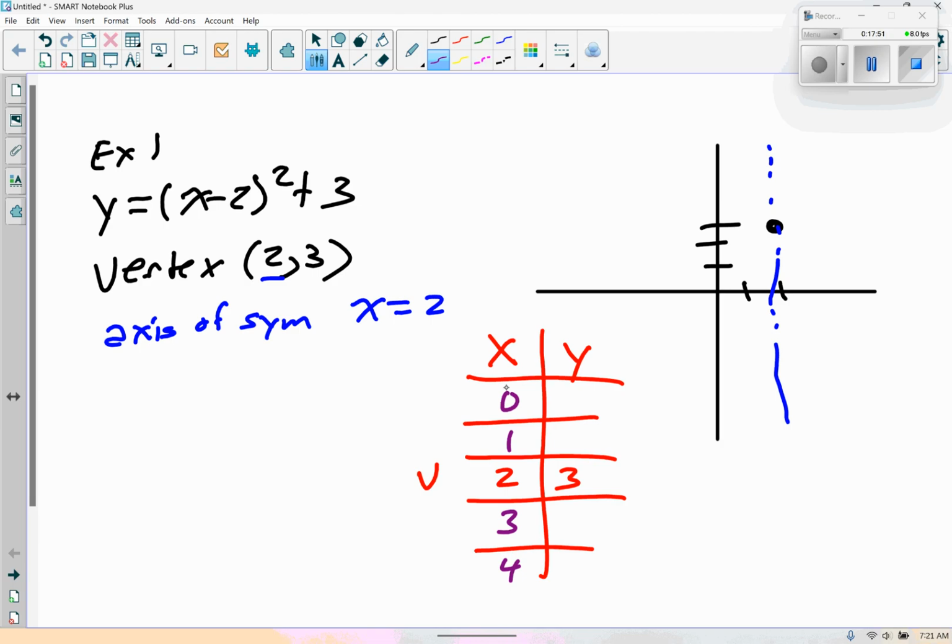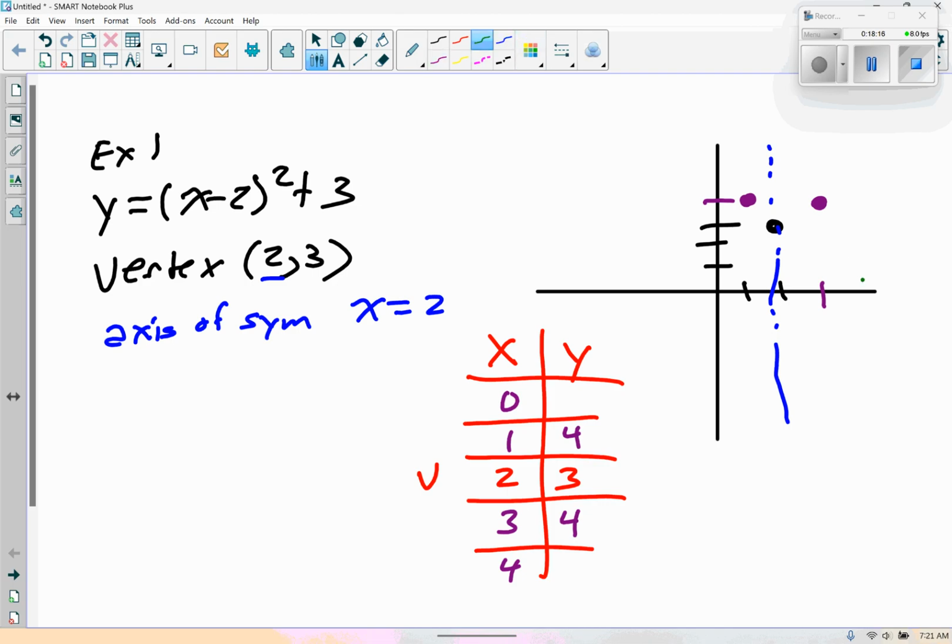So on my parabola, I'm going to go from my vertex right 1, up 1, left 1, up 1. And then I'm going to go a little bit further.